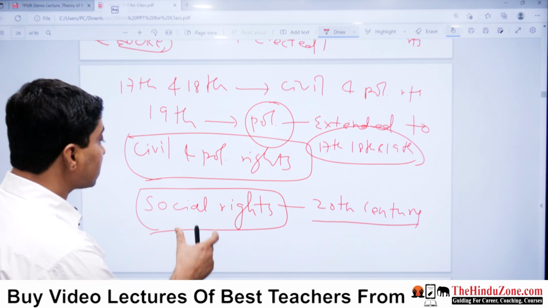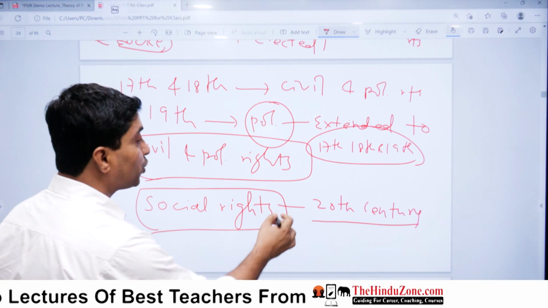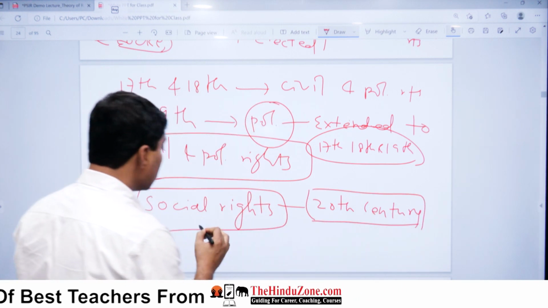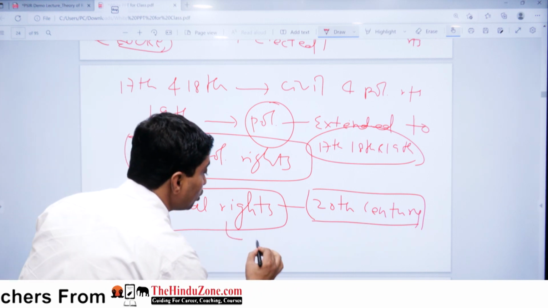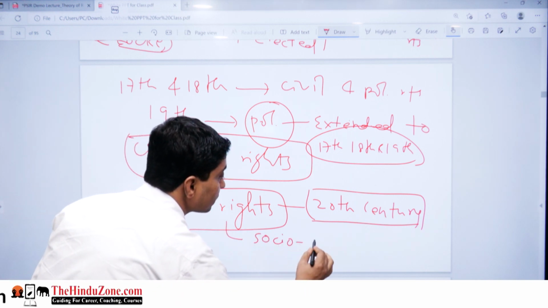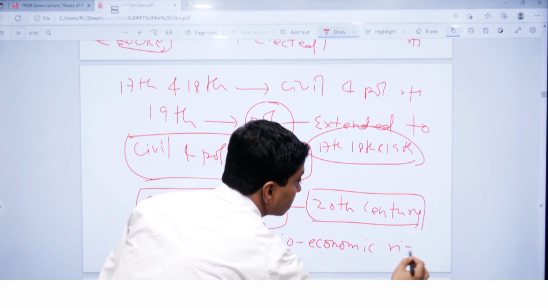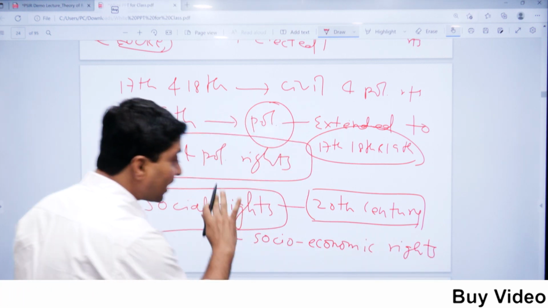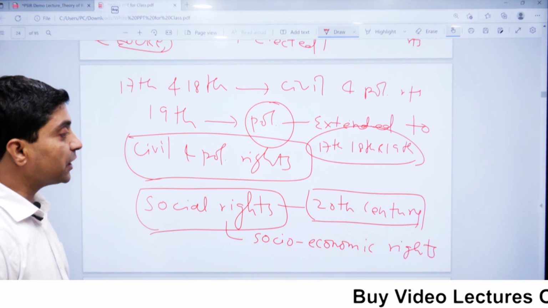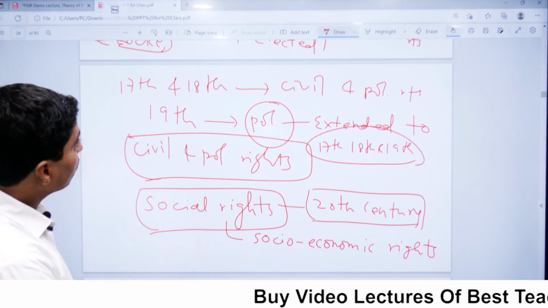So this is a set of rights that evolved in the 20th century, called social rights or socio-economic rights.